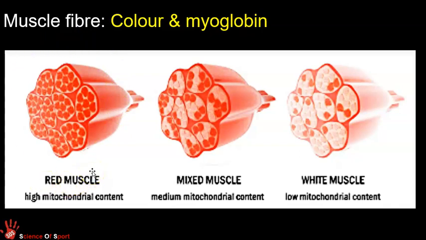They need blood supply and they have lots of myoglobin which stores oxygen and lots of mitochondria which uses oxygen to make energy. Conversely, those fibers and those muscles that have more type 2X, you can see that they look whiter in color because they have less oxygen use, less mitochondria, less myoglobin, less blood supply.